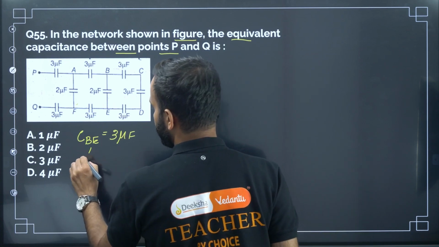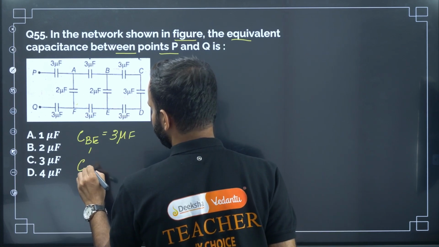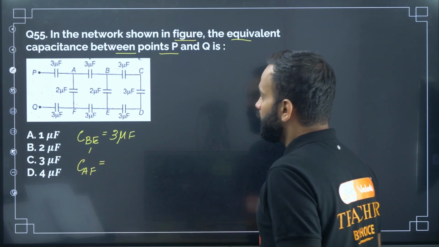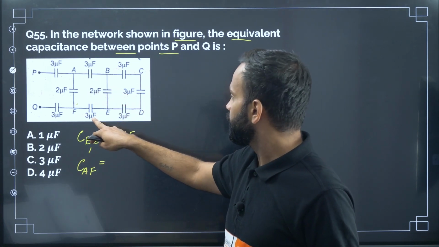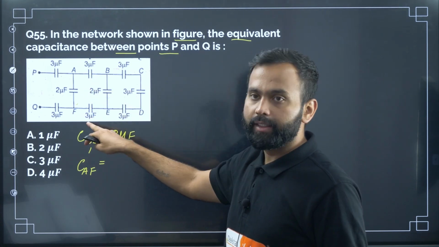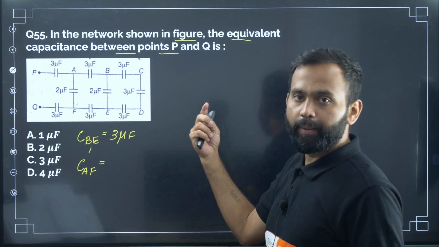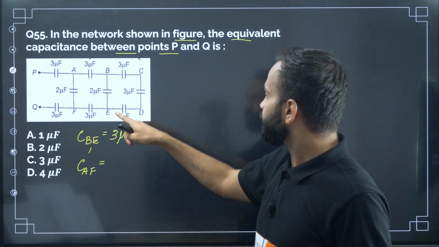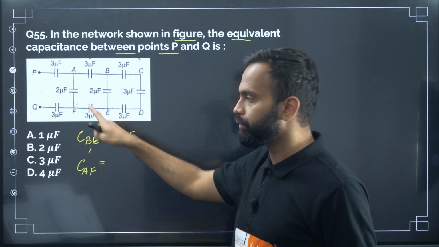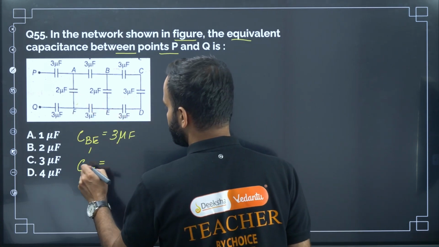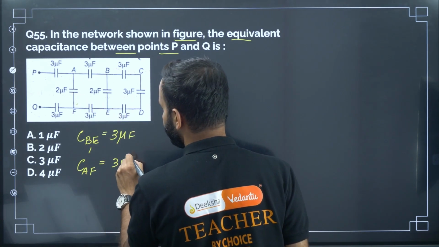Equivalent capacitance between A and F. So now again 3 microfarad, 3 microfarad, all these three are in series, right? So equivalent capacitance is 1. So then 1 microfarad is parallel with 2 microfarad. Again equivalent capacitance between A and F is 3 microfarad.